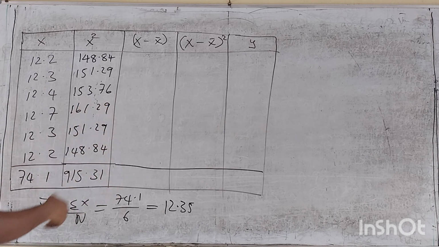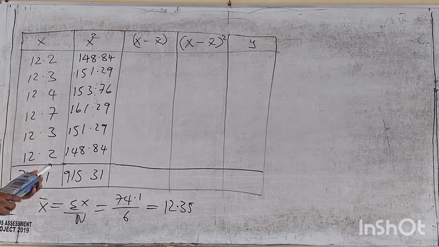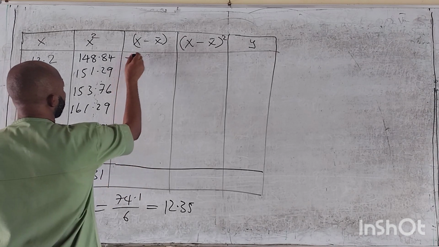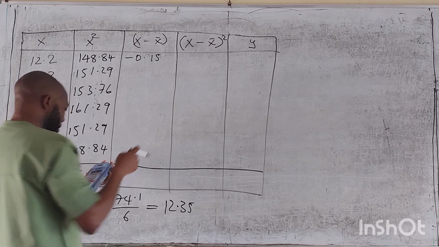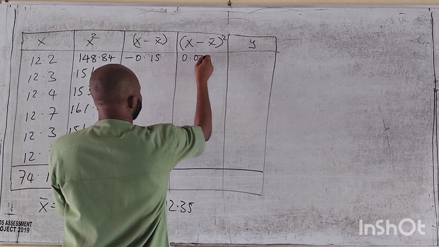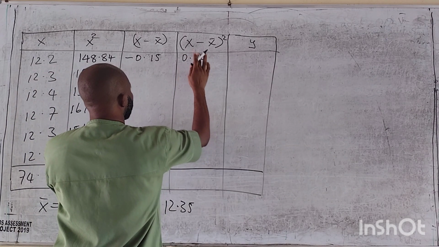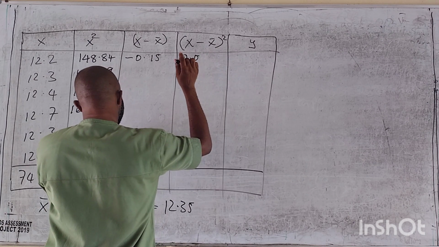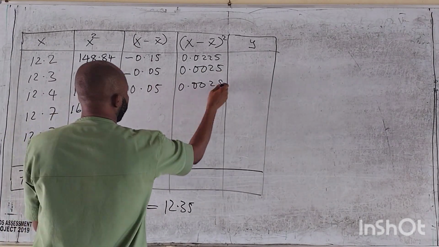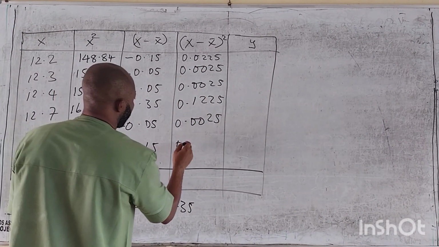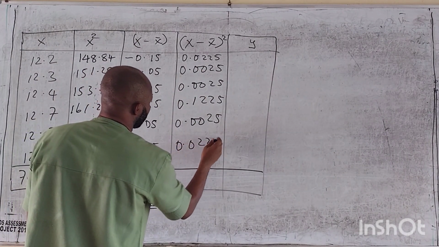Our x minus mean. 12.2 minus 12.35 is minus 0.15. 0.15 squared is 0.0225.